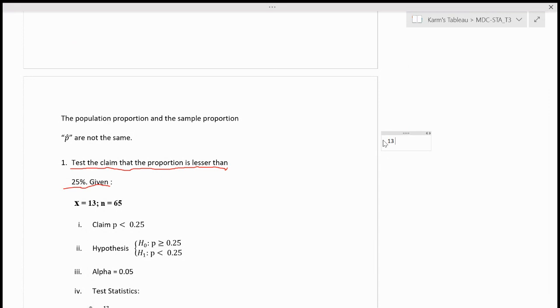I say 13 black students attended the party. It can be any party last night.